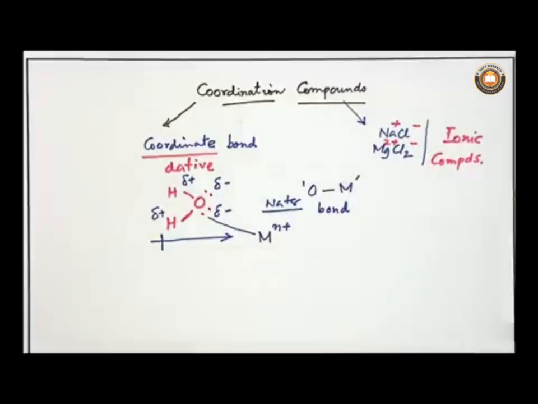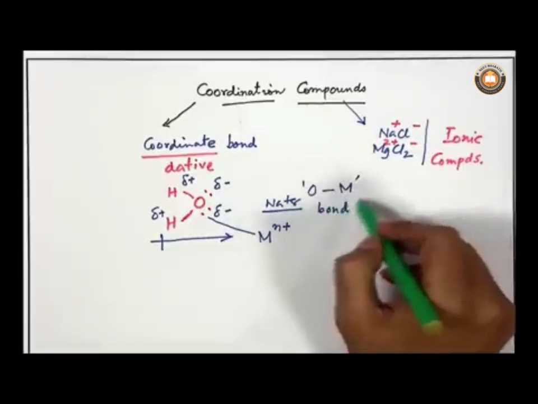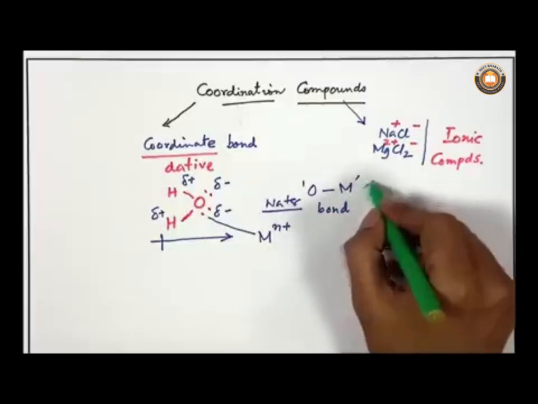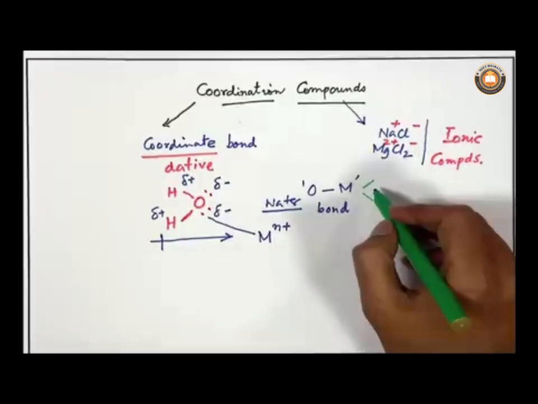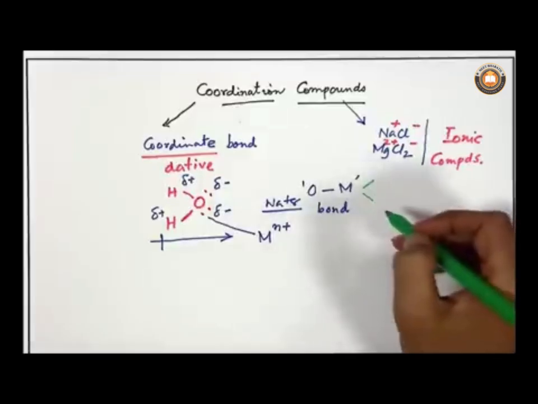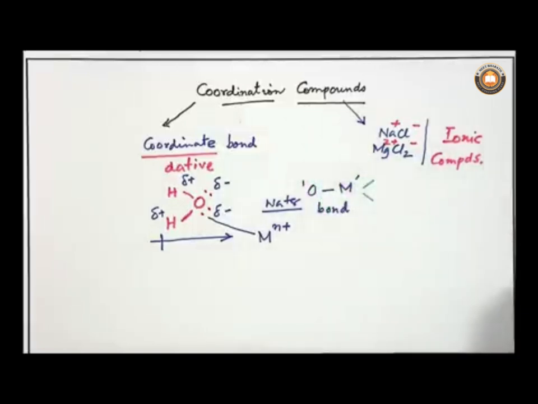If we can have at least one such interaction with a metal center or metal ion center, which can be a transition metal ion or a non-transition metal ion as well, we are leading towards coordinate compounds or coordination compounds.